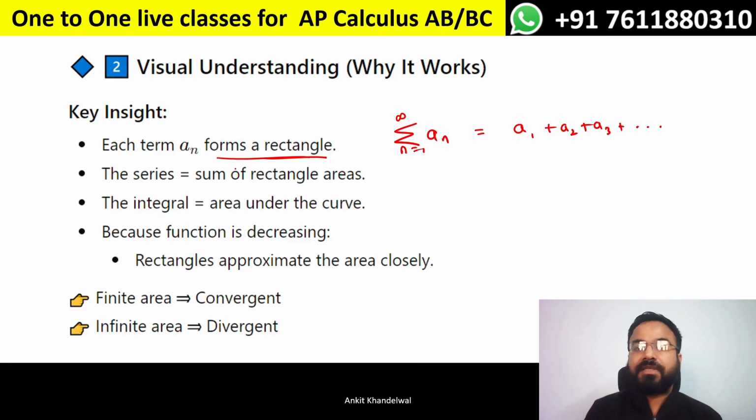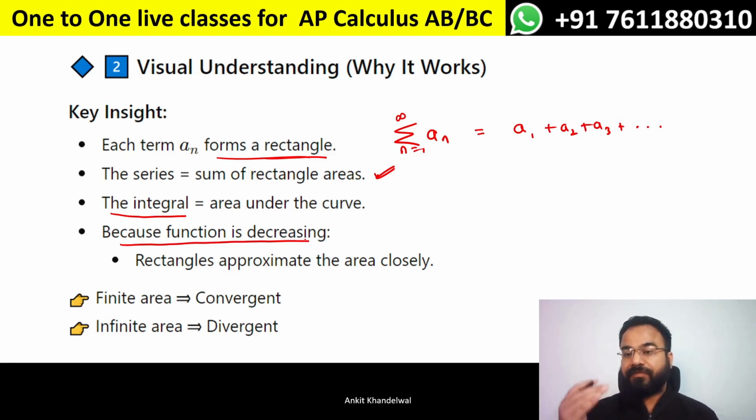So the sum of the series is basically equal to the sum of the areas of all the rectangles. And the integral is basically the area under the curve. When we say the function is decreasing, we have assumed that it has to be decreasing, then only we can apply this test. If the function is decreasing, then the rectangles approximate the area closely.